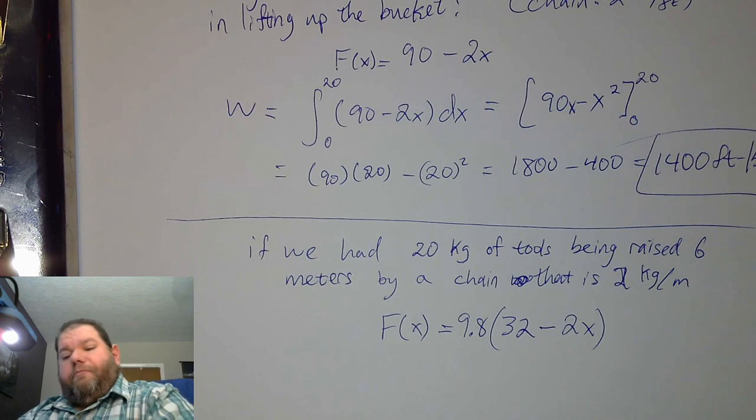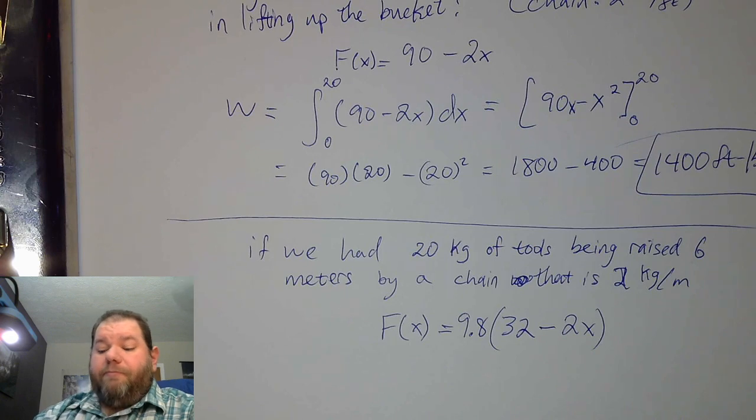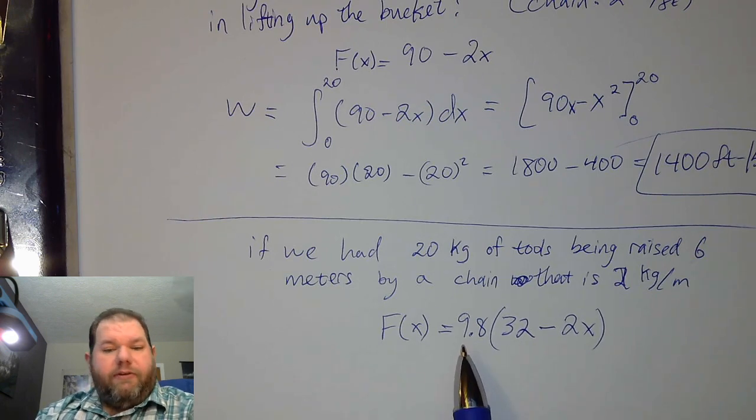Anyway, the weight of an object, the pounds, is actually the force. Gravity is already included. So here we want to make sure we do mass times gravity. So this is the mass measure of the objects, and this is the gravity.